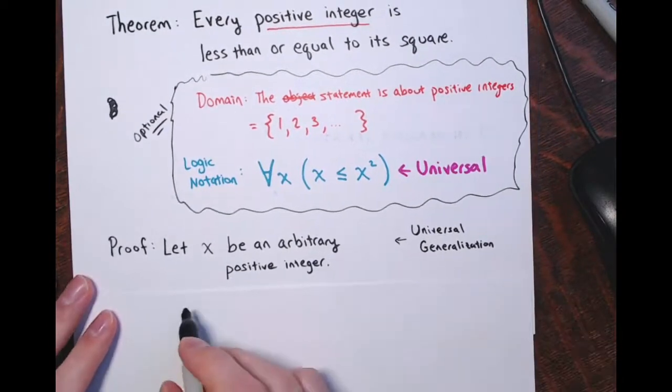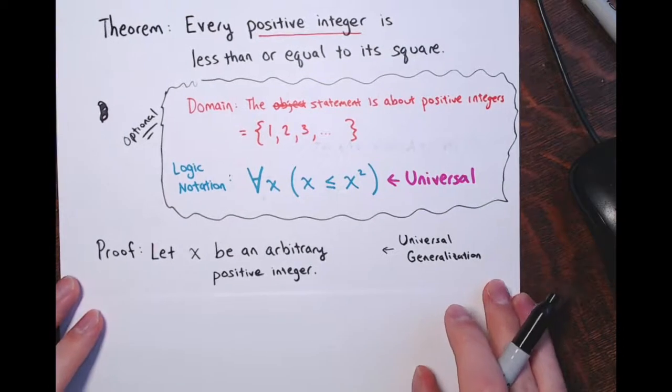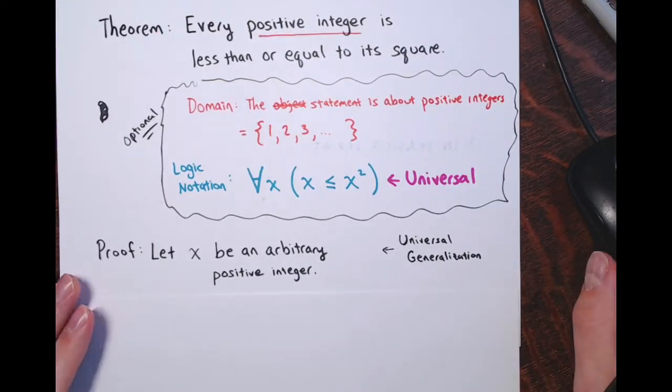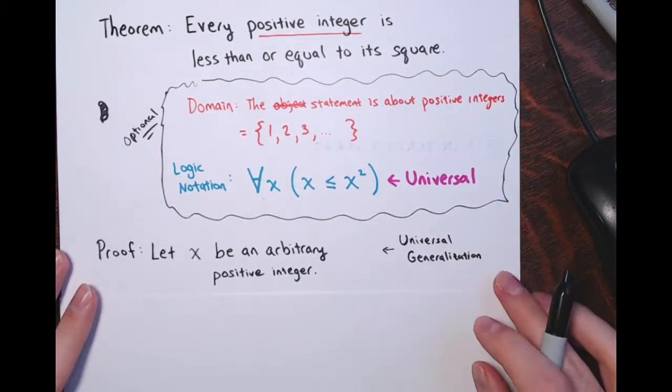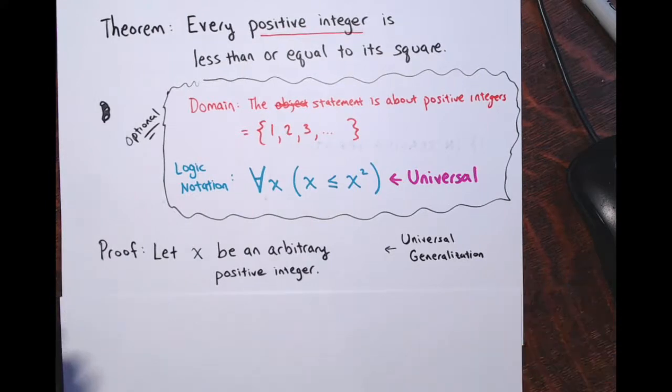Then come our statements and reasons. In any proof, like I said earlier, like in a geometry proof, you're going to have statements and then reasons for those statements. And every statement I write should be something that is either assumed to be true, something that we know to be true, or something that we've shown to be true, a theorem from earlier.